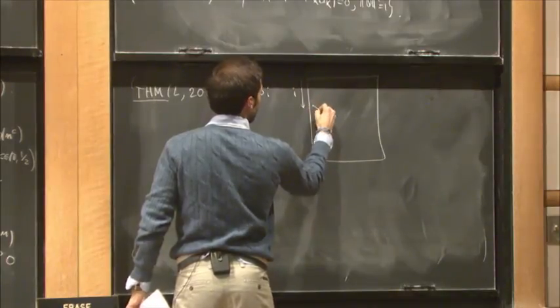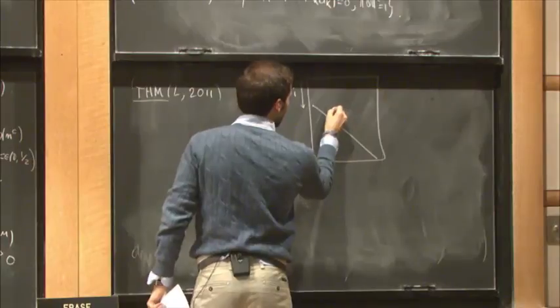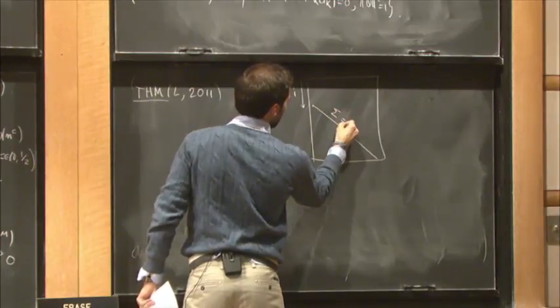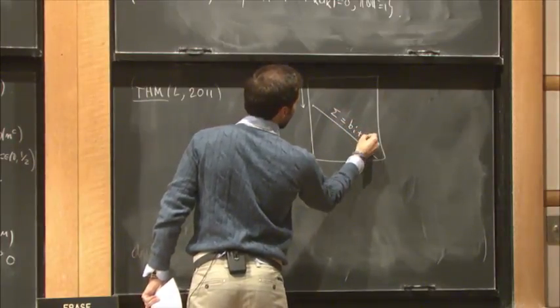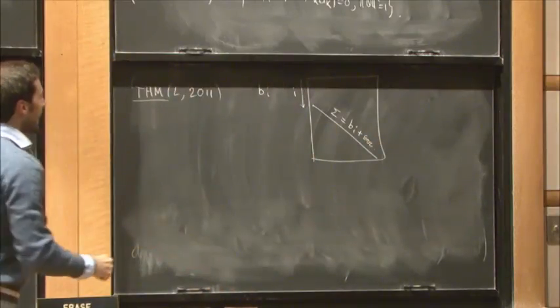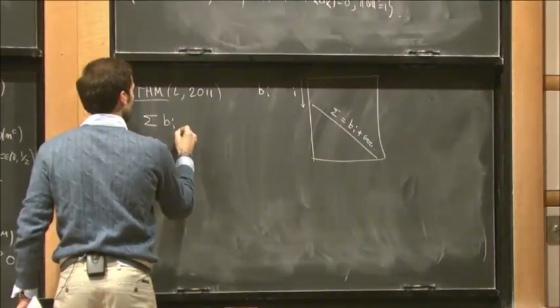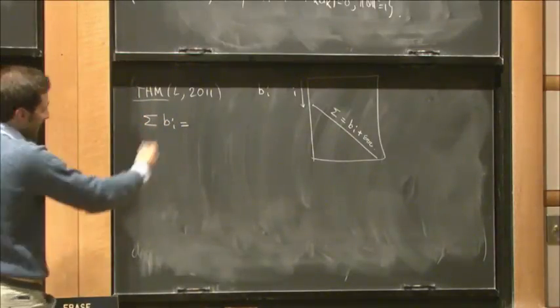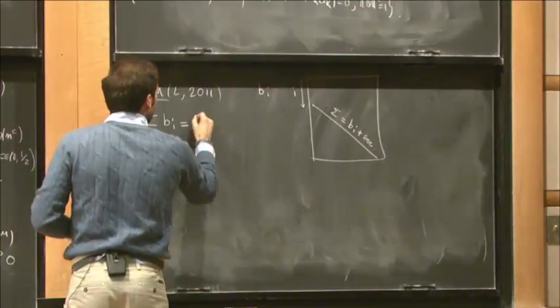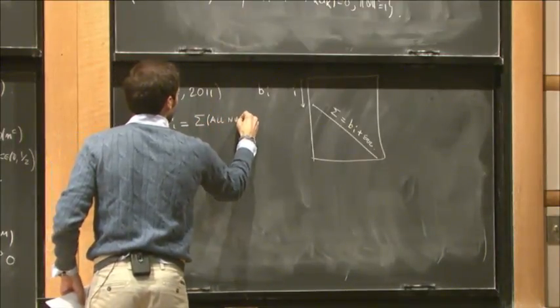So we arrive here, and then let me make the sum of all the elements on this diagonal. The sum of all of these is going to be the ith Betti number plus an error. There might be an error. And if I'm interested in the sum of all Betti numbers, it's going to be just the sum of all numbers in the table, plus an error.